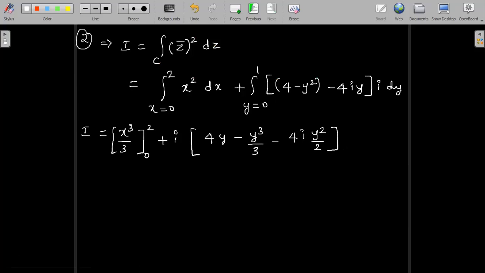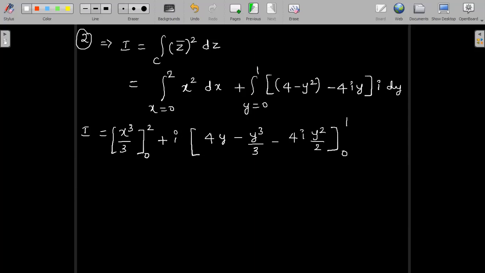This entire term between the limits 0 to 1. I wrote this i constant outside, 4 as it is. Integration of 1 dy is y, minus y square integration is y cube by 3, minus 4i as it is. Integration of y is y square by 2. This i I have already written outside.